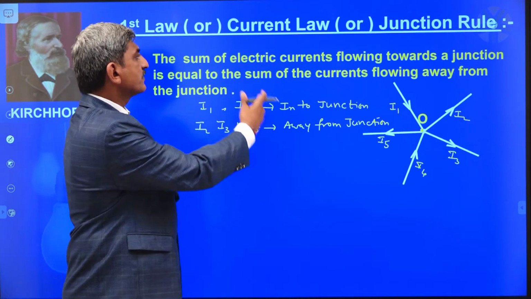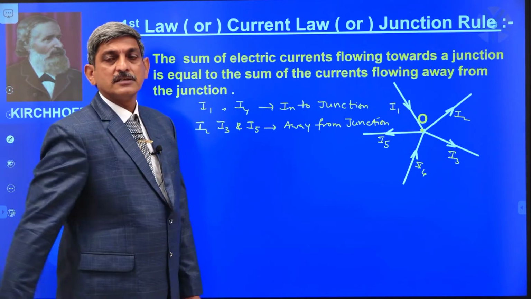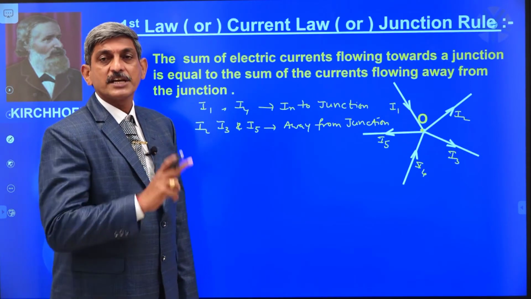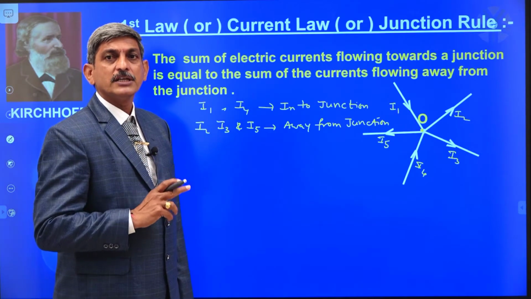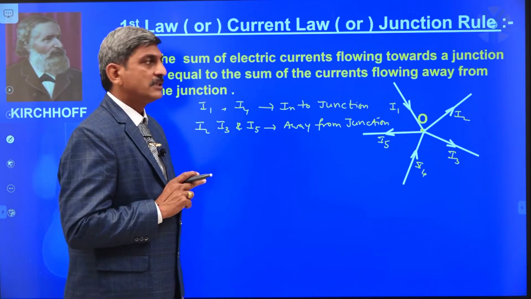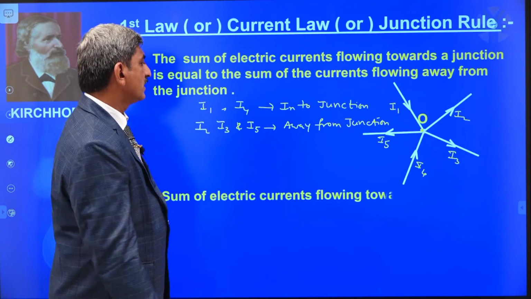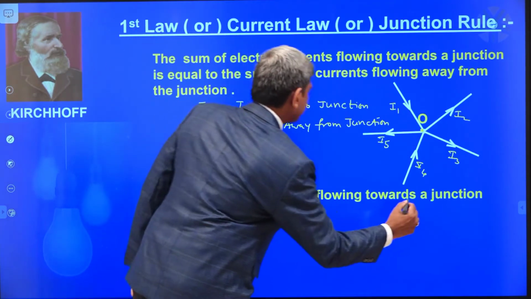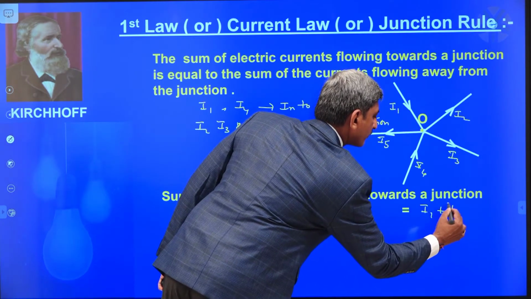Now what does Kirchhoff's first law state? The sum of the electrical currents flowing towards the junction is equal to the sum of the currents flowing away from the junction. First let us take the sum of the electrical currents flowing towards the junction, that is given by I1 plus I4.